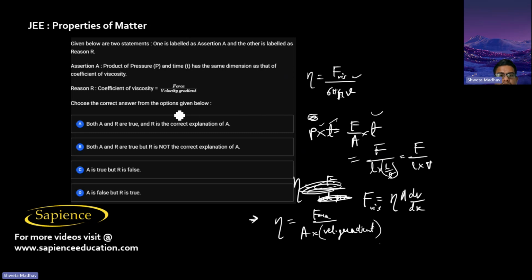So coefficient of viscosity is not force by velocity gradient; we can say it is pressure by velocity gradient. Hence the assumption is true and the reason is false. So option C is the correct answer.